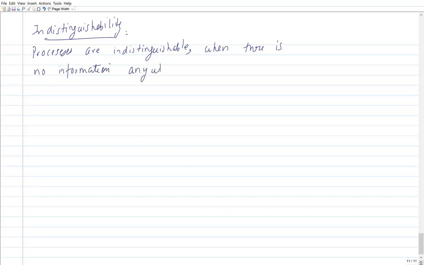We call the processes indistinguishable when there is no information anywhere in the universe, and by universe I mean the entire universe, to distinguish them.